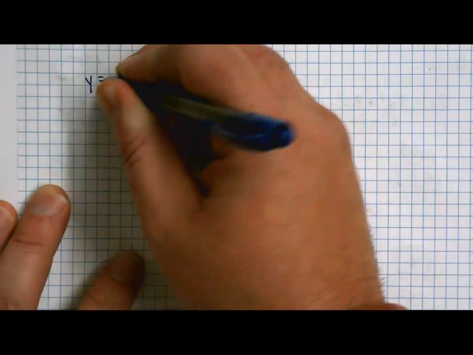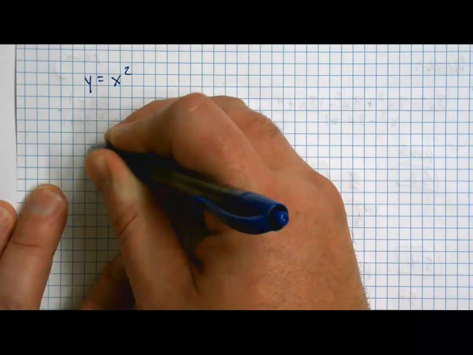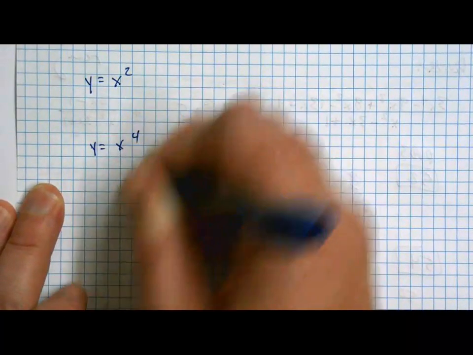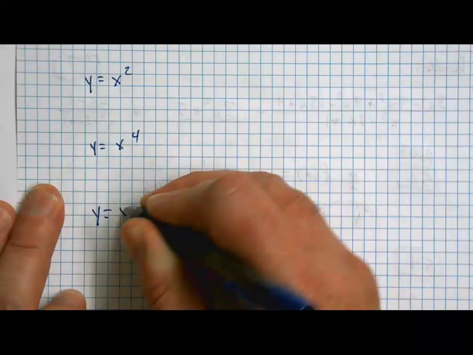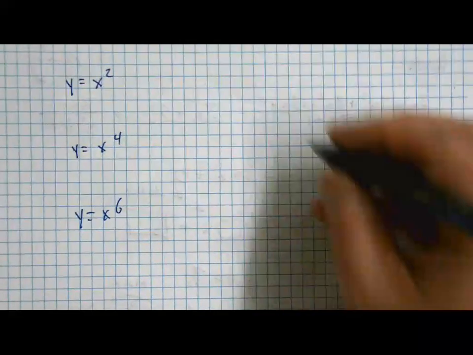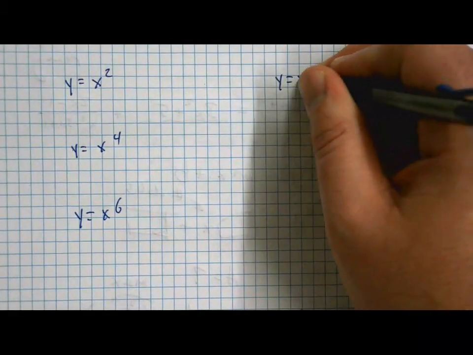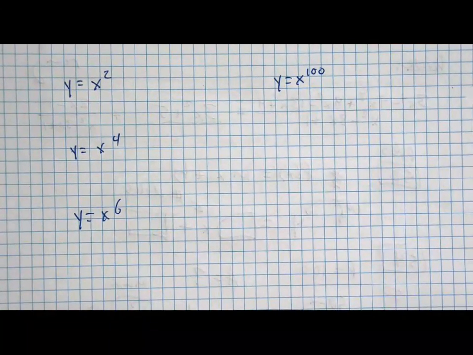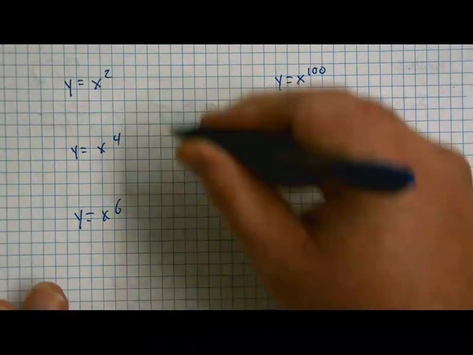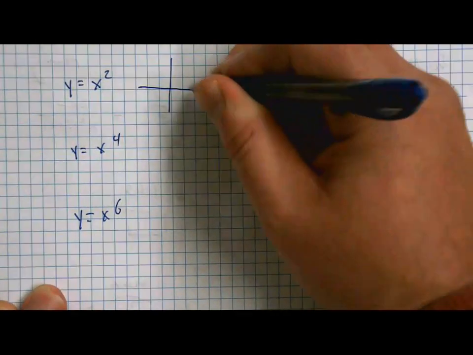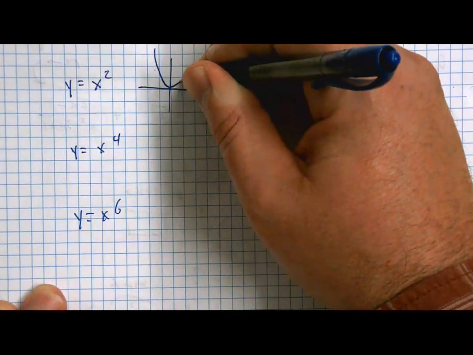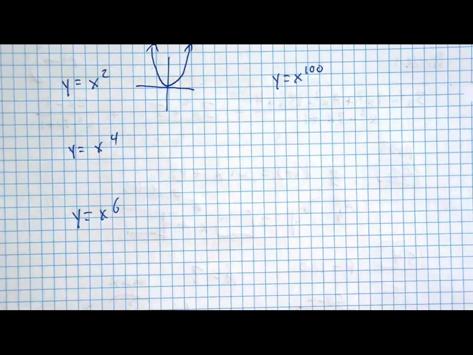I want to show you the difference between y equals x squared, y equals x to the 4th, y equals x to the 6th, and let's just also graph y equals x to the 100th for fun. Okay, so y equals x squared, you guys are familiar with what this graph looks like. It's a parabola. It's got that nice U shape to it.